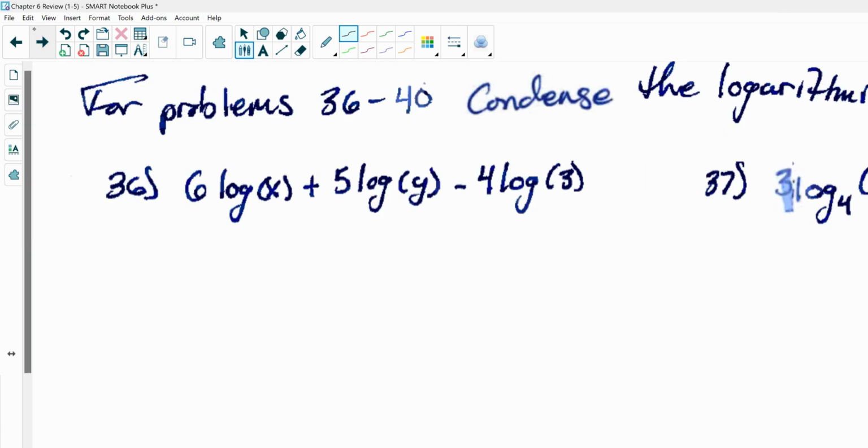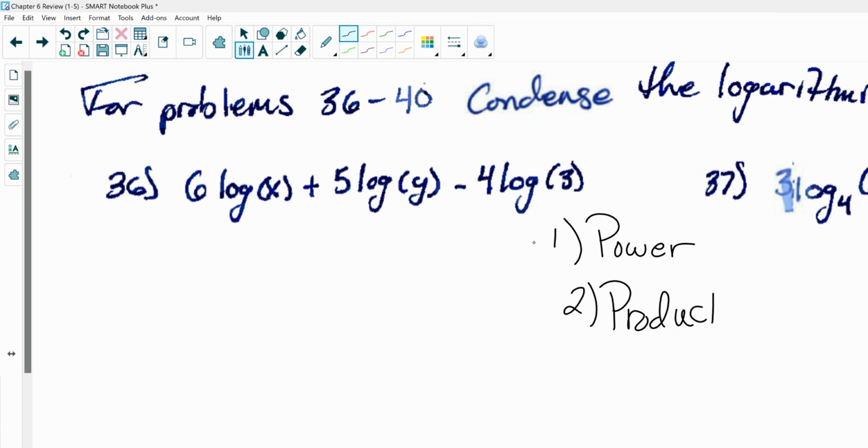Condense. With condensing, we have two main steps: power and then product. Power, then product. And with our power, we take the negative with it. So we can look at 36. The first thing we would do is our power. We're going to move the number in front back up to being an exponent.